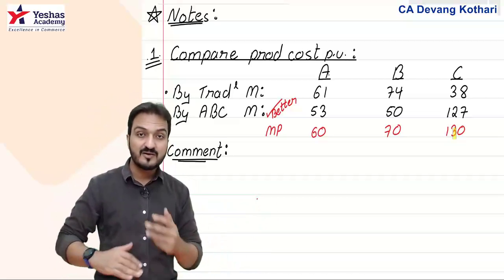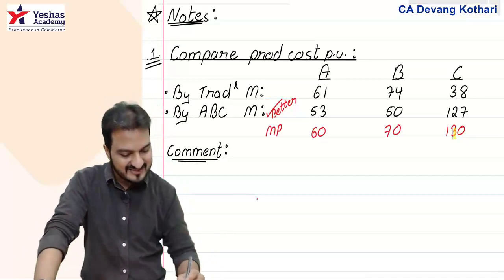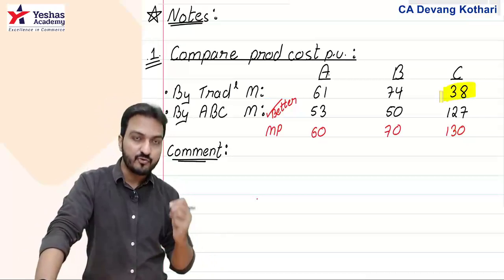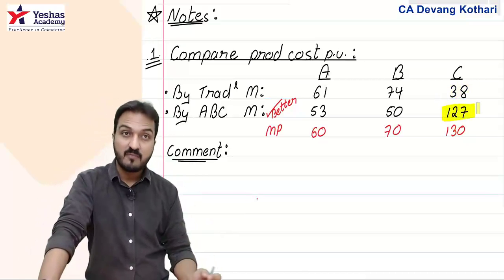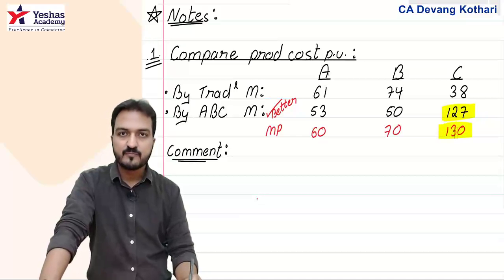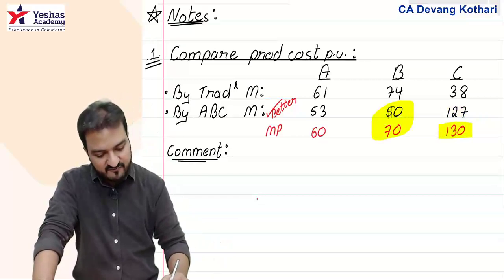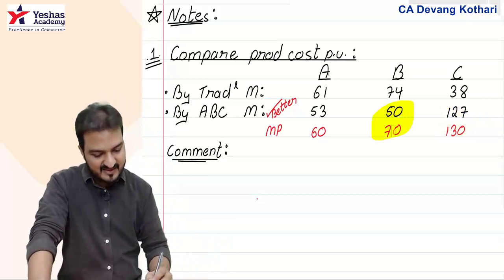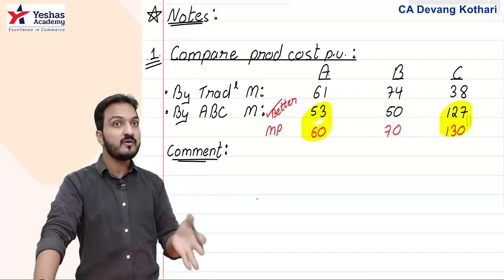No. You were able to see a huge margin of profit because your cost estimate was wrong. In reality, the cost estimate of C is 127. Market price of C is 130. So it as such does not have so much profit. In fact, B is having the highest profit, A is also having some profit, and C is having the least profit in reality.